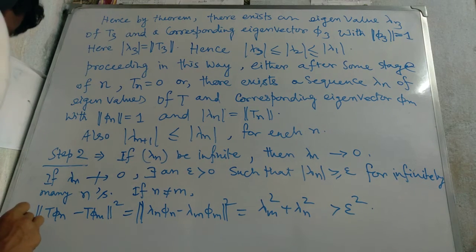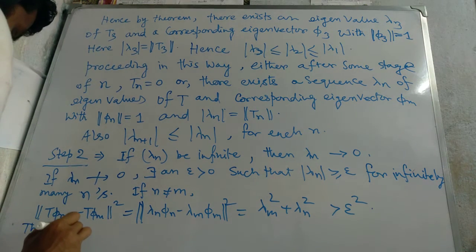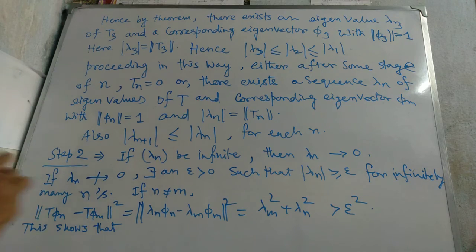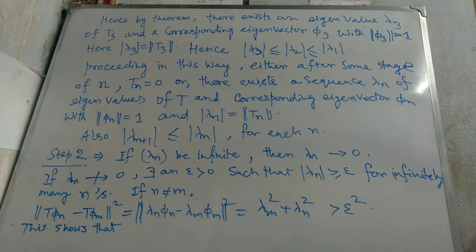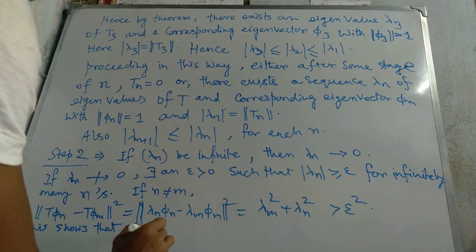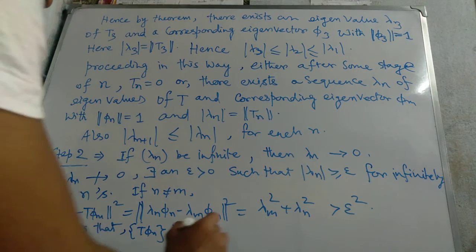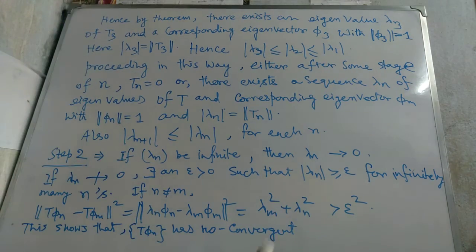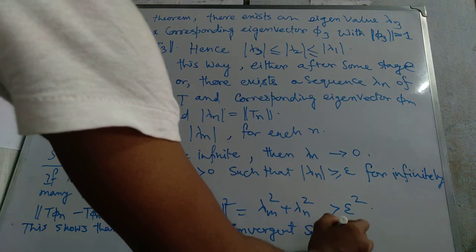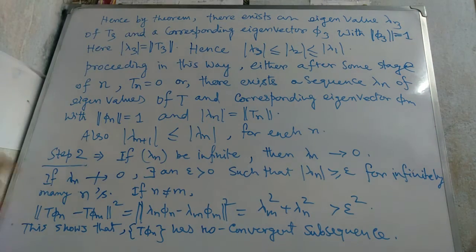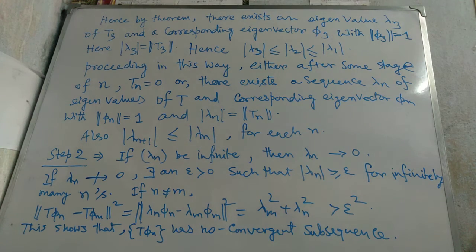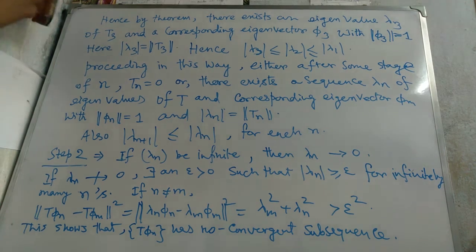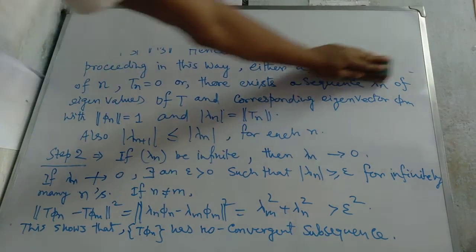This shows that T phi n has no convergent subsequence. There is a contradiction.